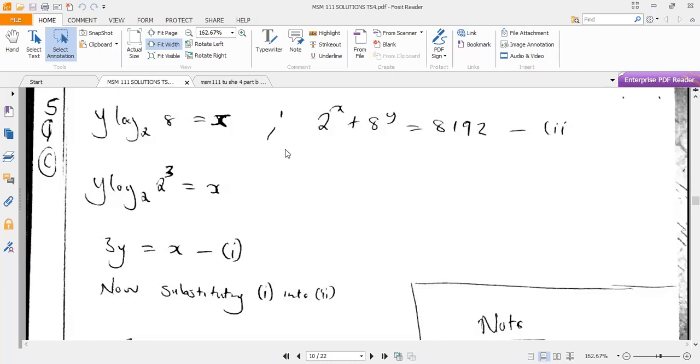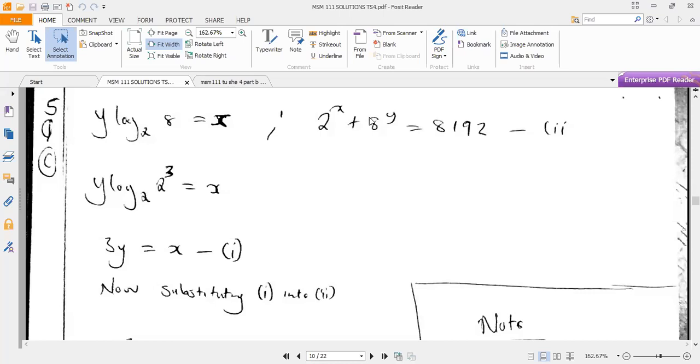If you have been given this question 5, it's asking us to solve the following simultaneous equations. We've been given this part here: y log base 2 of 8 is equal to x.